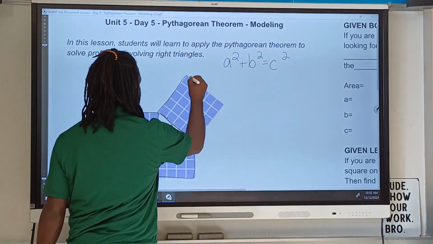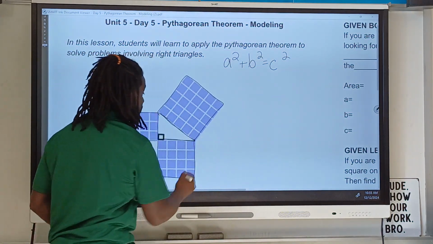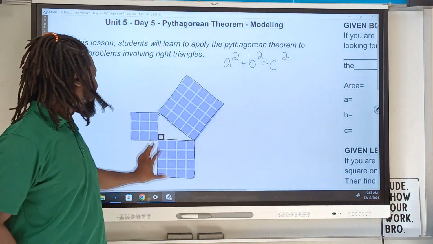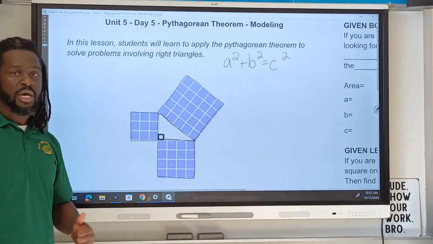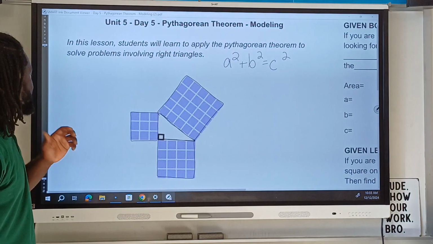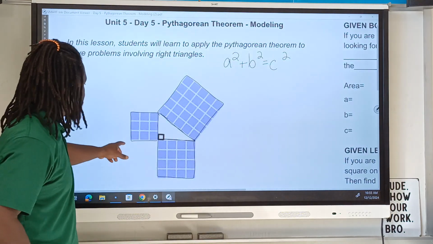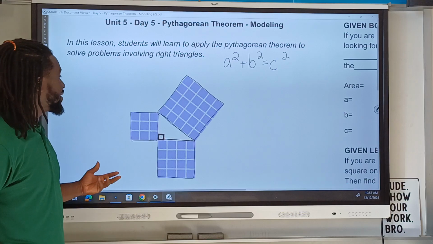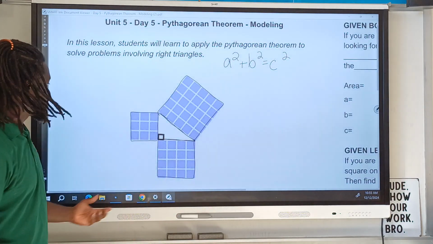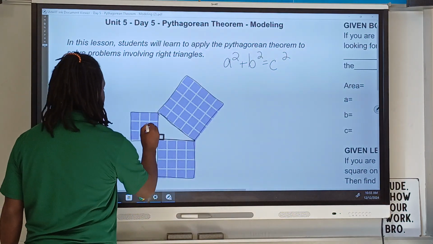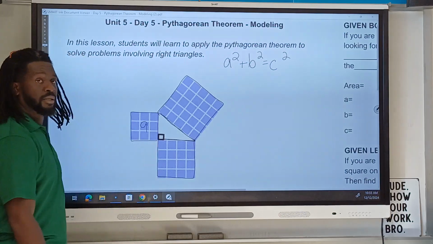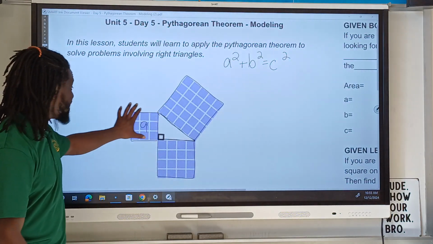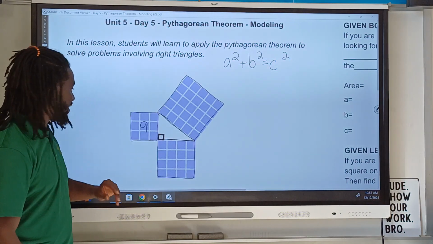And so I know there's no numbers on this diagram, but we can figure out what each of them are by using what's given, okay? And so the area of the square along the leg, if I count up those blocks, right, I'm going to discover that there are 9. Okay, so the area of that square along one of the legs is 9.